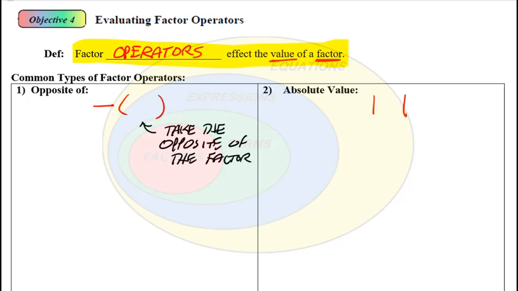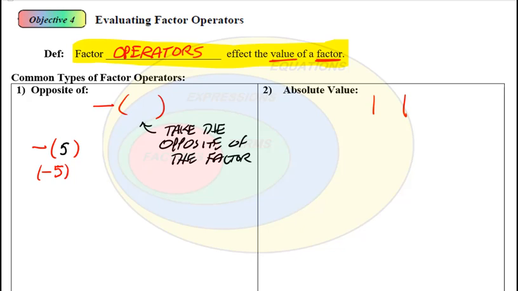So some examples you might see, if we had the opposite of, and inside we had the number 5. So the factor is 5. This actually changes then. The opposite of 5 is -5. So the value changes to a factor of -5.